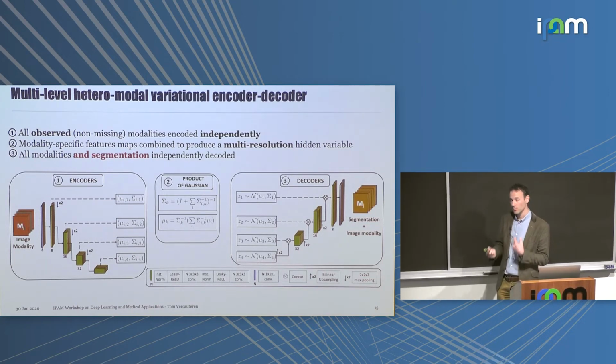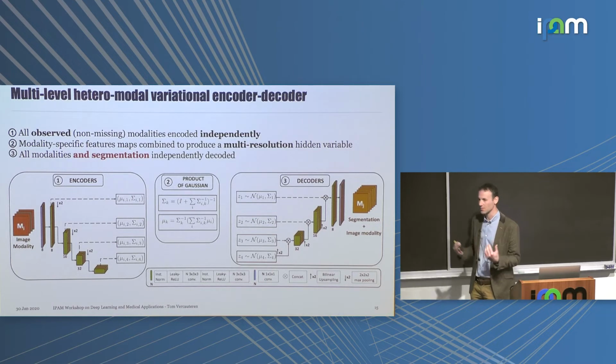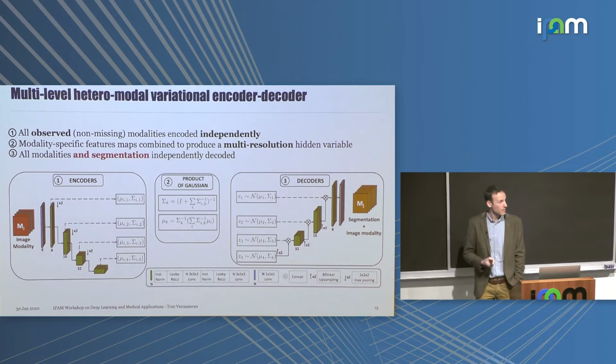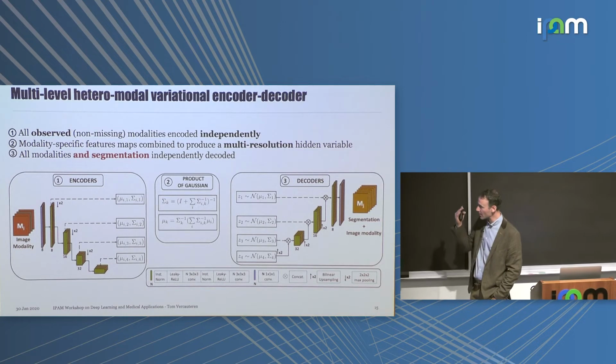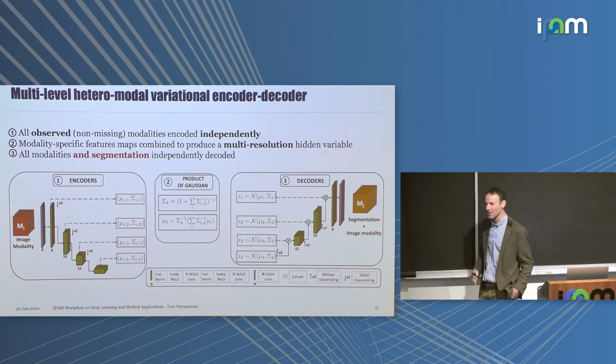One of the questions raised in the previous talk by Daniel, I think, is how do you deal with multiple scales. We had similar questions in our case. What we decided to do is not simply go directly for an encoding at a given scale.